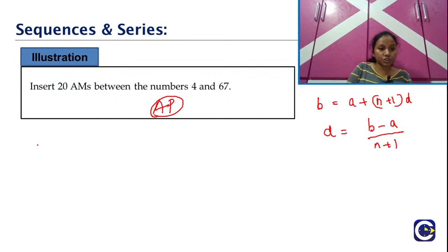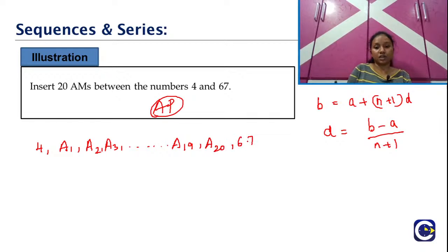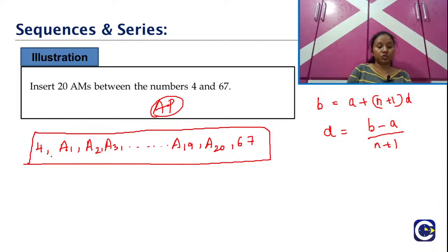Here the sequence should be 4, A1, A2, A3, and so on, up to A19 and A20, and then 67. This should be the progression, and you just try to find these values A1, A2, A3, A19 and A20. No need to find the intermediate values. Just try to find these 5 values; that would be enough to represent the progression.